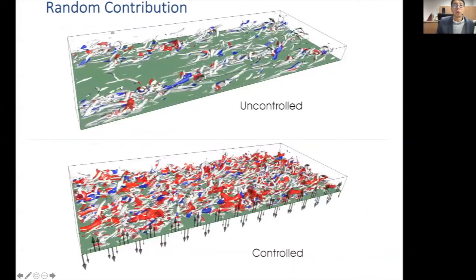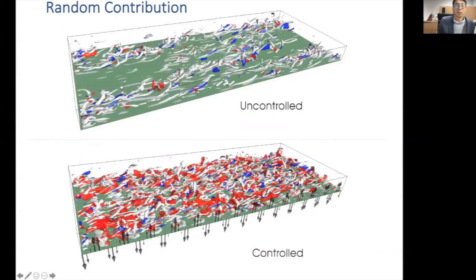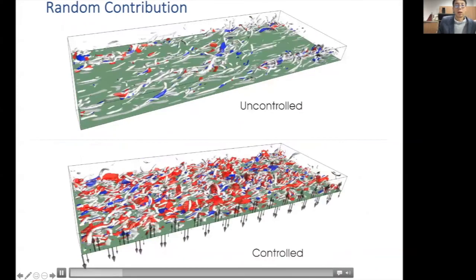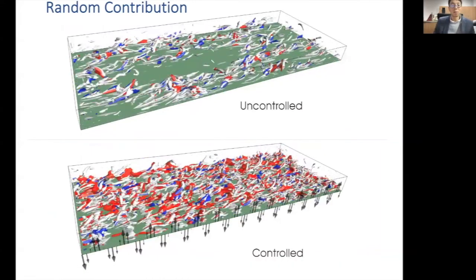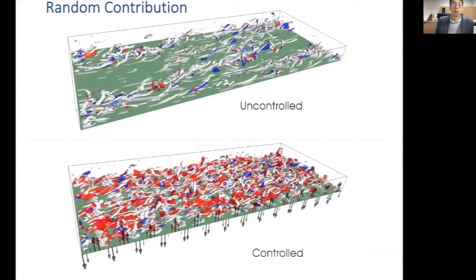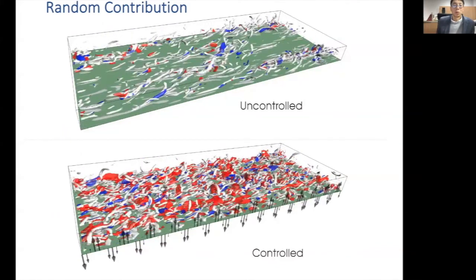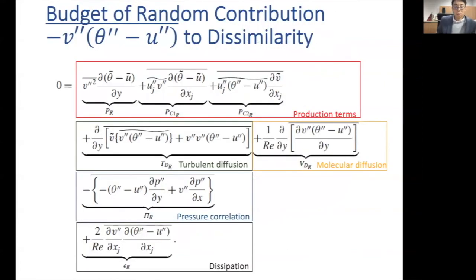Finally, we also look at the random contribution, how it's generated. So this is uncontrolled flow and controlled flow. As you can see, this red area of positive contribution drastically increased in the case of the controlled flow. In order to analyze how this random contribution is generated, we look at the budget of this random contribution.